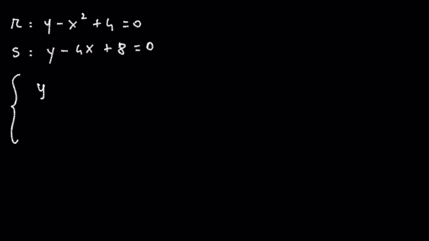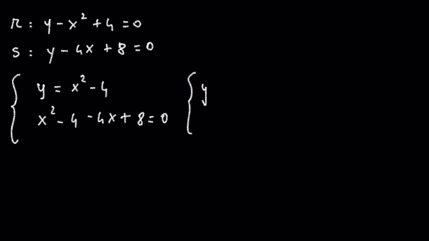So, from the first equation, we find that y equals x squared minus 4. And by substituting it in the second equation, we find this.